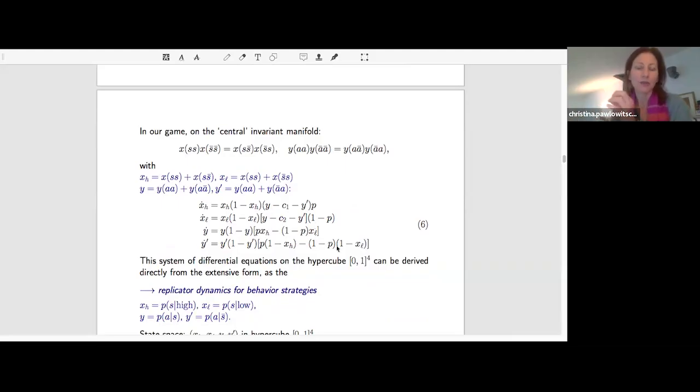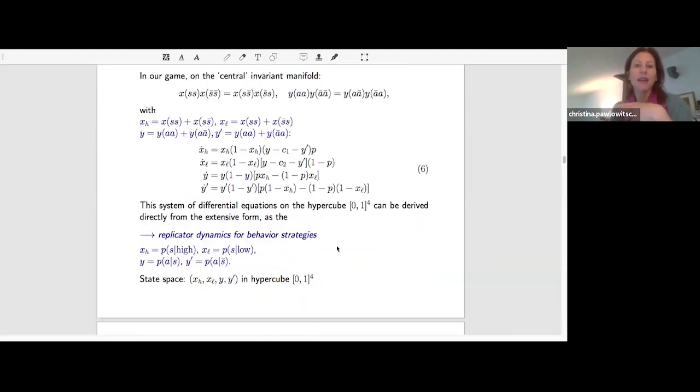And you realize that this is as if we were to write down the dynamics, not for the game in matrix form, but for the game in extensive form. So it is as if we were looking at the game in extensive form in the game tree by looking at each agent as a population of players. And so this might seem obvious, but it's not so obvious. This is part of our work that we show this equivalence actually.